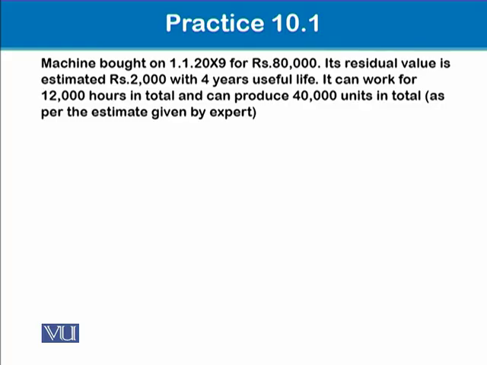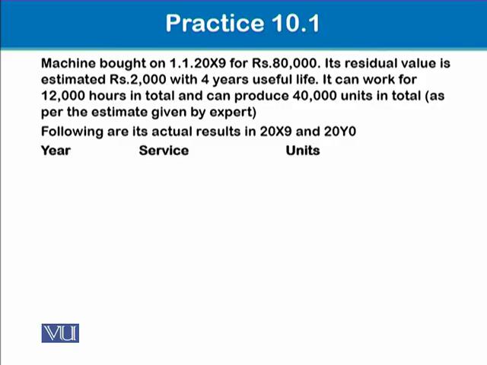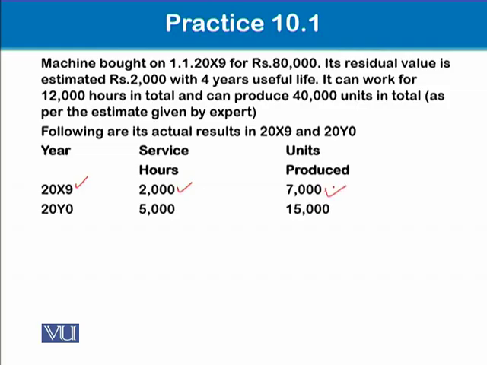And we know very well that estimates are always given by the experts. So following are its actual results in 20X9 and 20Y0. In the year 20X9, service hours were 2,000 and number of units produced were 7,000. And in the year Y0, service hours are 5,000 and number of units produced are 15,000.